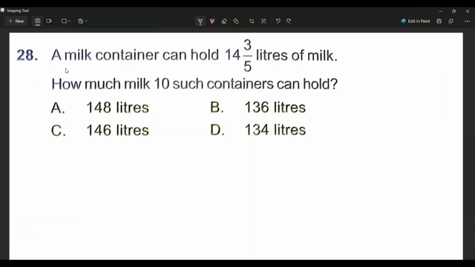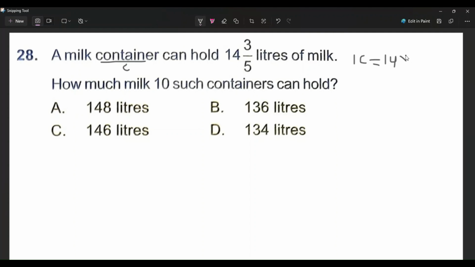28th question. A milk container can hold 14 3 by 5 liters of milk. How much milk can 10 such containers hold? I am writing here for container C. So 1C is equal to 14 3 by 5, which is a mixed fraction.